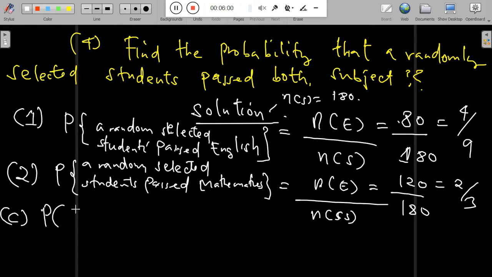Part 3, we're required to calculate the probability that a randomly selected student passed at least one subject.